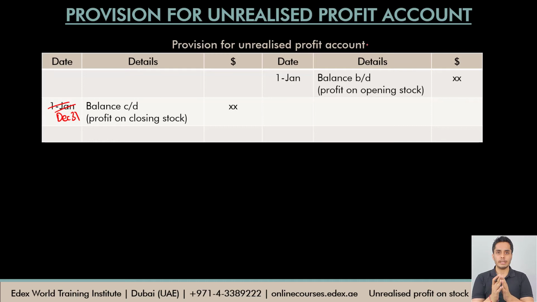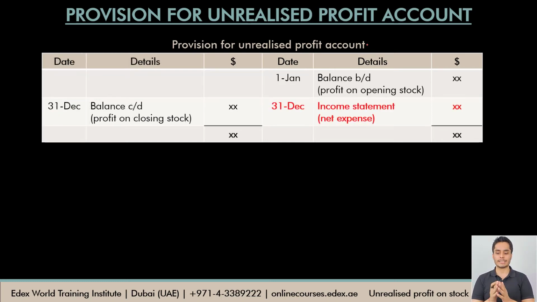If the debit side is greater than the credit side, meaning the profit on closing inventory is greater than the profit on opening inventory, I told you earlier the difference has to be charged as an expense in the income statement. So on the credit side of provision for unrealized profit account, it will be recorded as an expense, income statement, and that's an expense or a loss for the year.